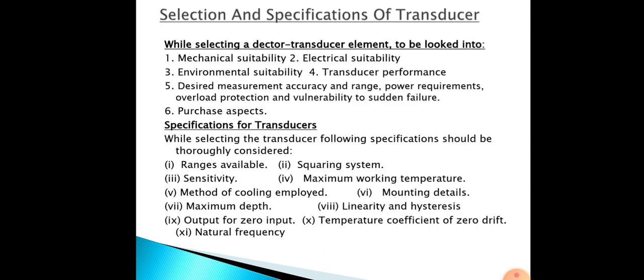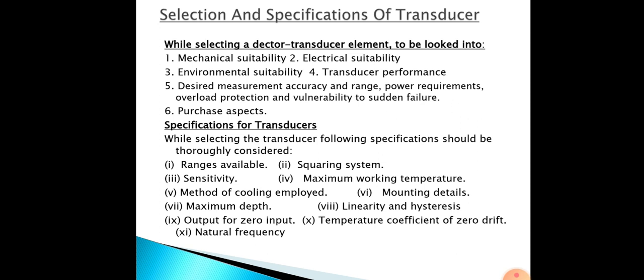Okay. The next one we will be seeing is the selection and specification. In selection, we can see how to select a transducer. First, mechanical suitability, in terms of physical size, weight and shape, and rigidness.